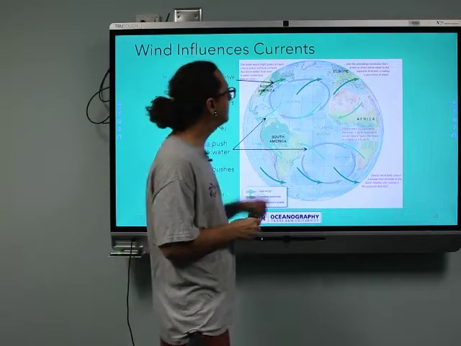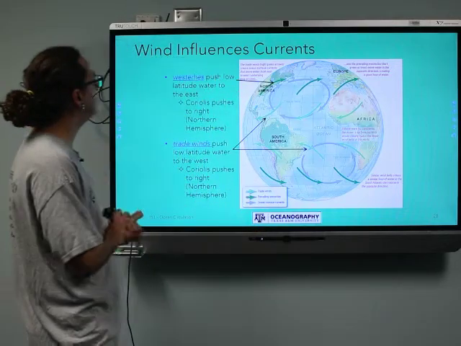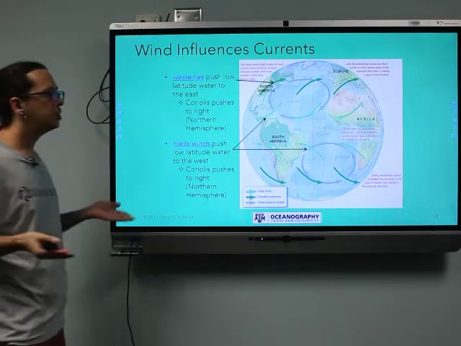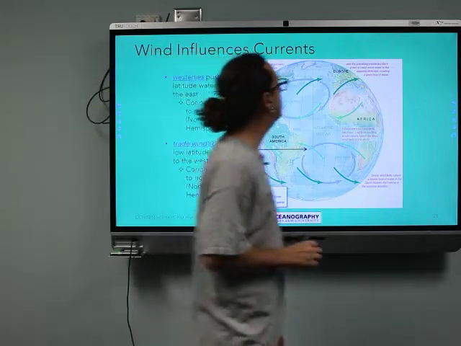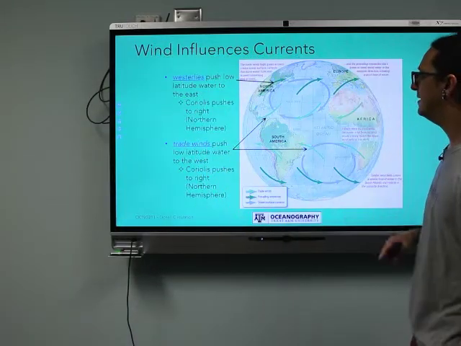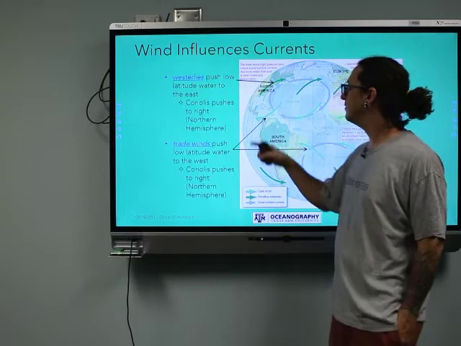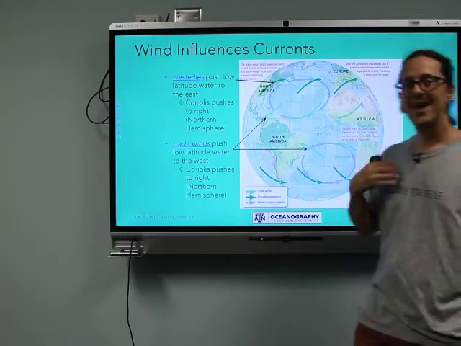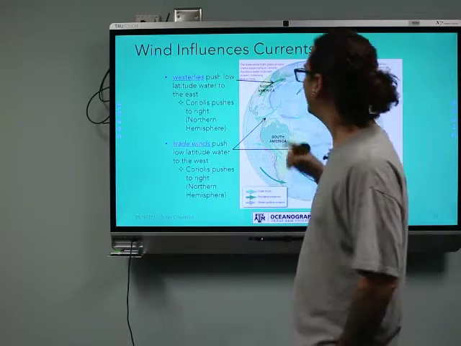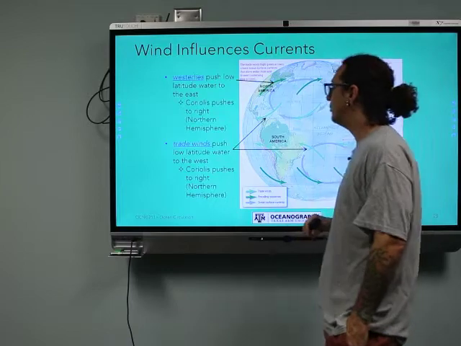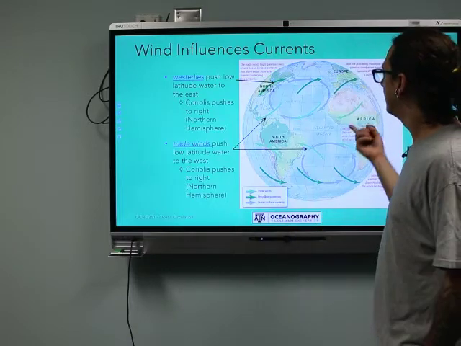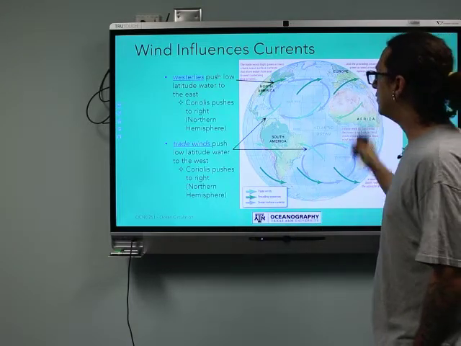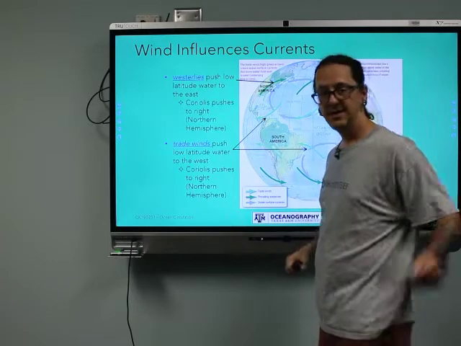This figure from your book shows that wind influences the currents, and you should know really 2 wind systems: the westerlies and the trade winds. Westerlies are blowing towards the west. Isn't that the opposite of what I said winds do? The problem is that these atmospheric weirdos have it all backwards. So westerlies push from the west and they go to the east.